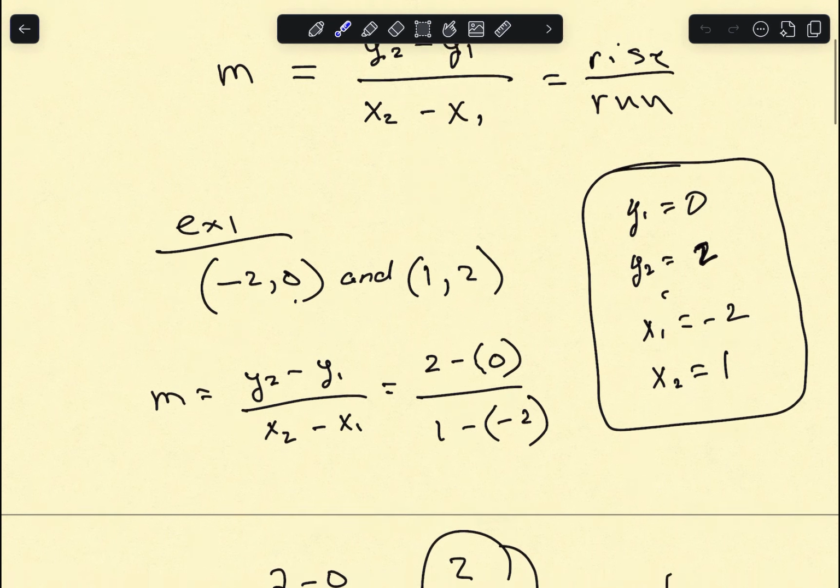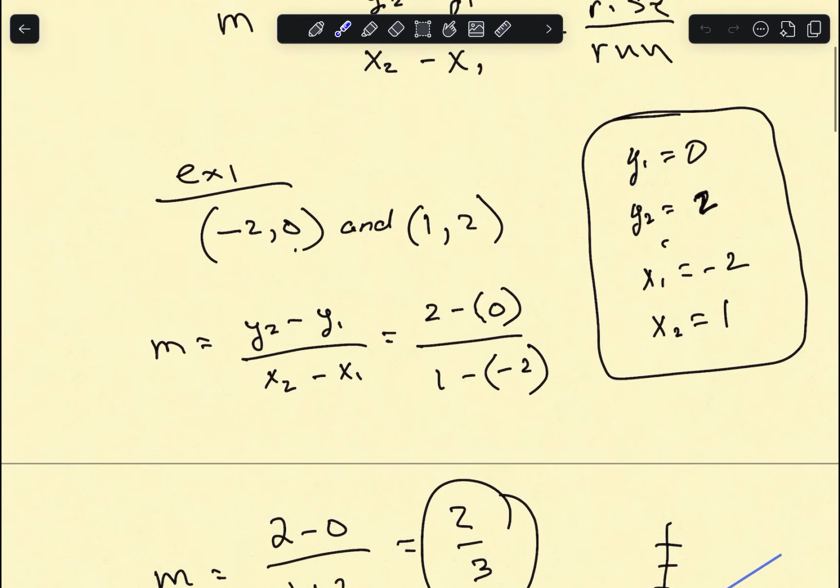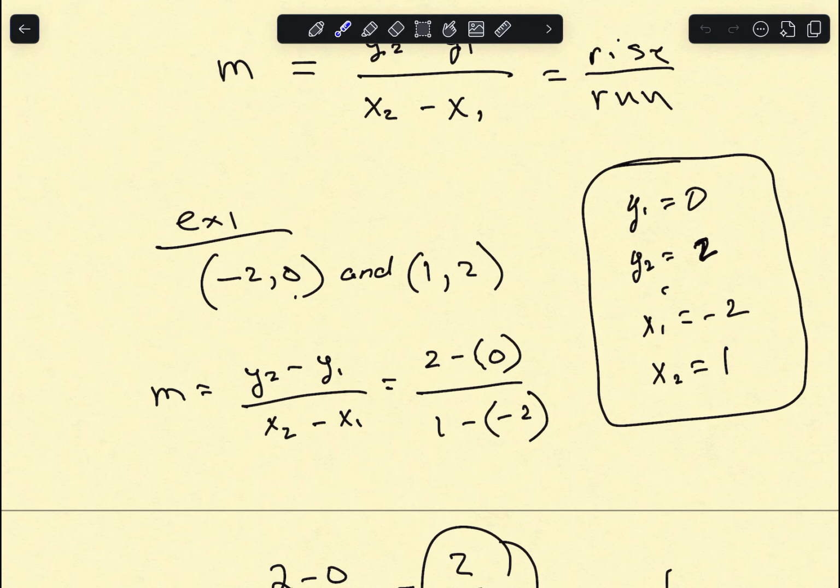So let's start with this first problem here. We broke it down: x1 is here, and we have the x1 right here. Now we have the y1, which is right here, and we have y1 right here. We broke it apart and put in all our variables. We have x2 right here, and we put x2 right here.